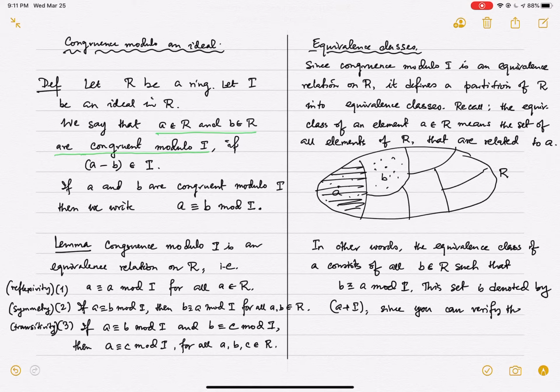The guys that are related to A are simply A plus some element of I. Take A and add some element of I. That's a thing that's related to A, because if you subtract A from it, it's in I. And these are precisely all the things that are related to A. And what's a good notation for this set? Well, A plus I. Okay, so that's the equivalence class of A.